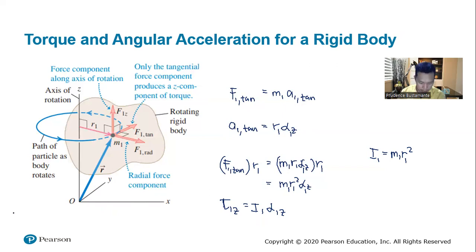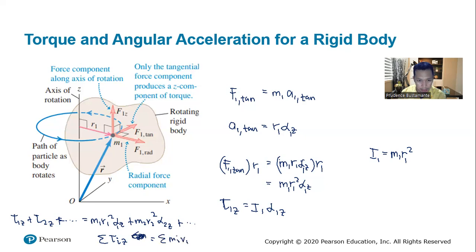For every particle, meaning we have torque 1 plus torque 2 along z equal to m1 r1 squared alpha 1z plus m2 r2 squared alpha 2z, plus and so on. So the summation of all the torques along z is equal to the summation of mi ri squared, which is just the definition of the moment of inertia, times alpha z.